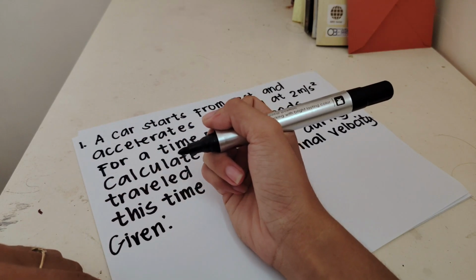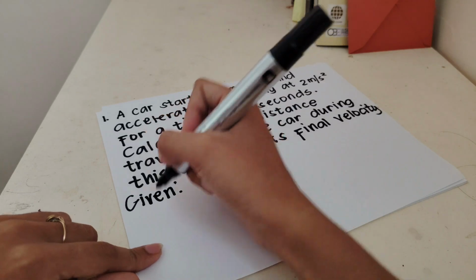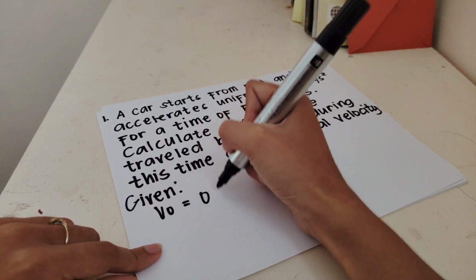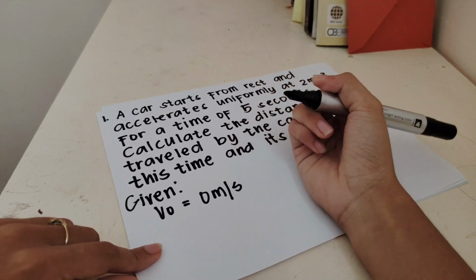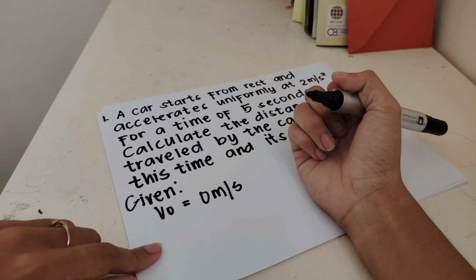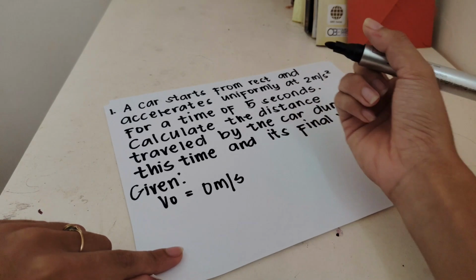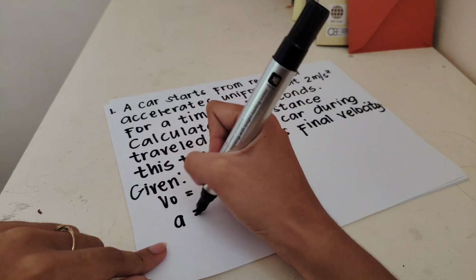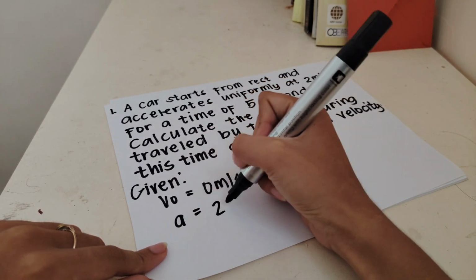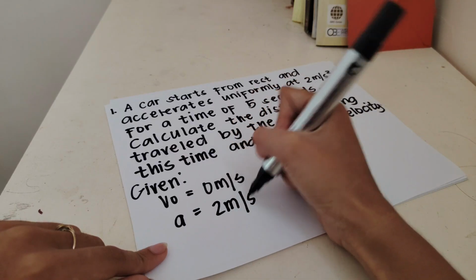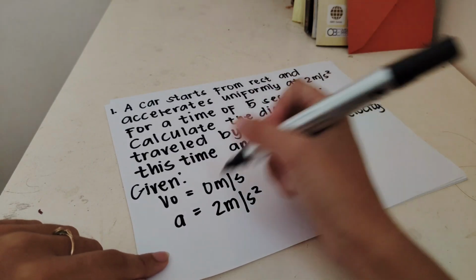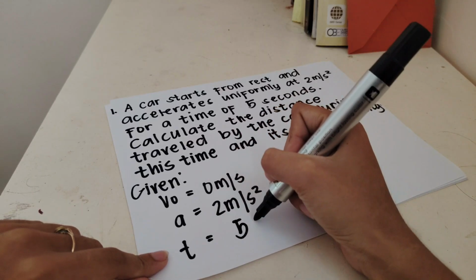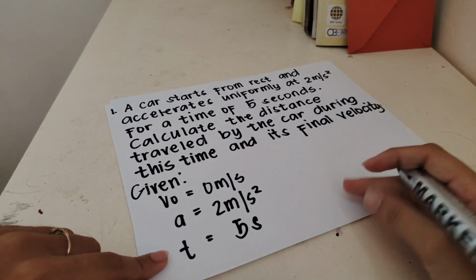We have an initial velocity of 0 meters per second since the car starts from rest. Next, we have an acceleration of 2 meters per second squared. And we have a time of 5 seconds.